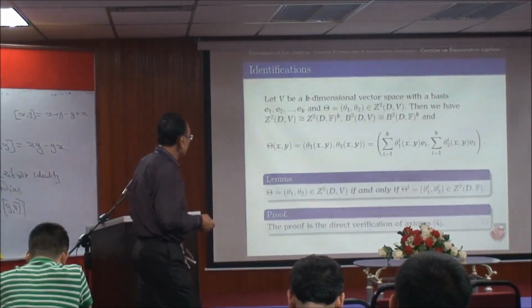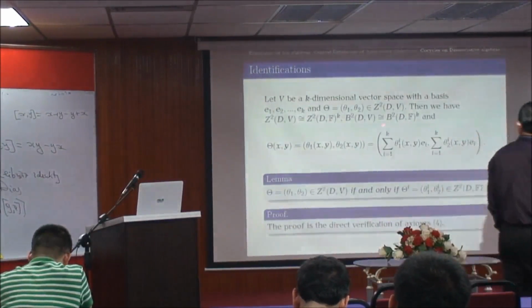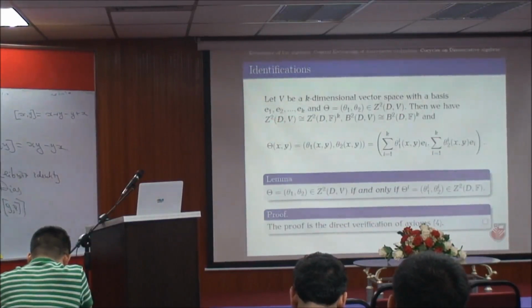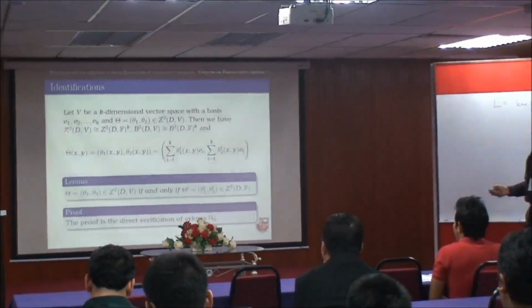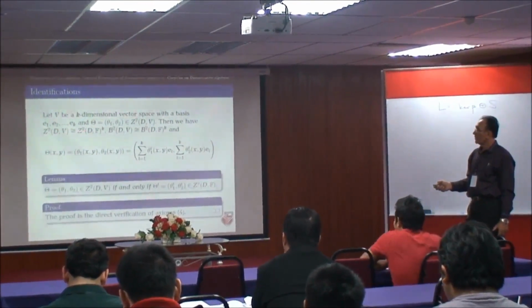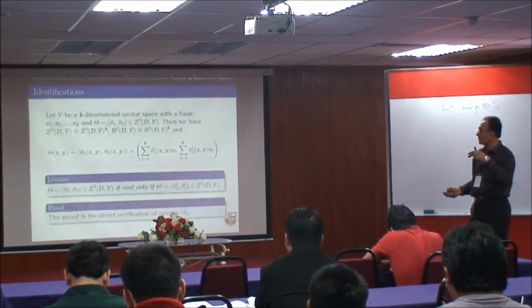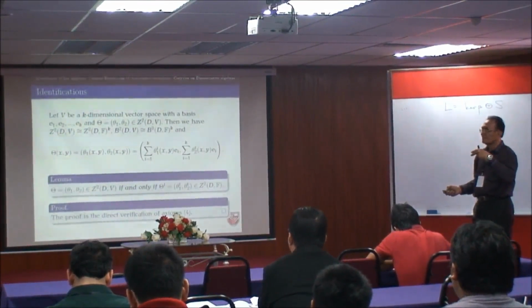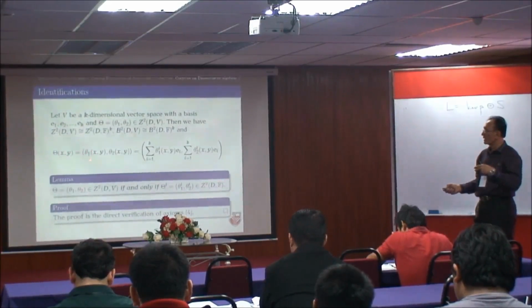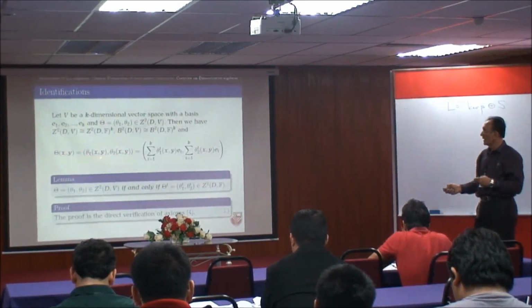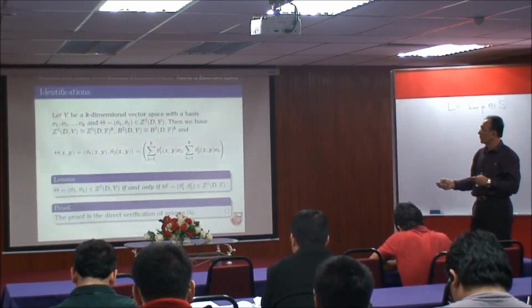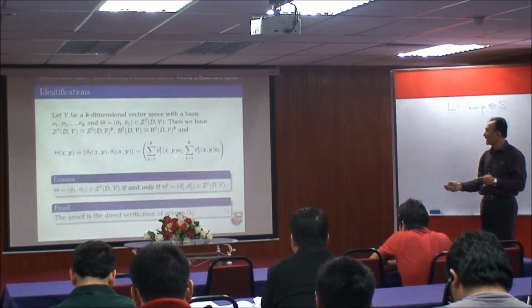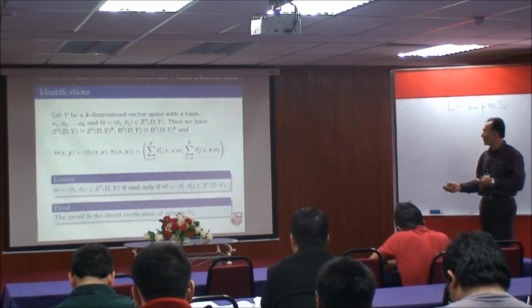Now there is such an identification. If you have Z2(D, V), you can identify it with Z2(D, F) to the power k, replacing the cocycle by k cocycles. How can we do it? Because if you take a cocycle, it has two components, theta 1 and theta 2. Now, if you expand this with respect to a basis of V, you will get such a linear combination with coefficients.